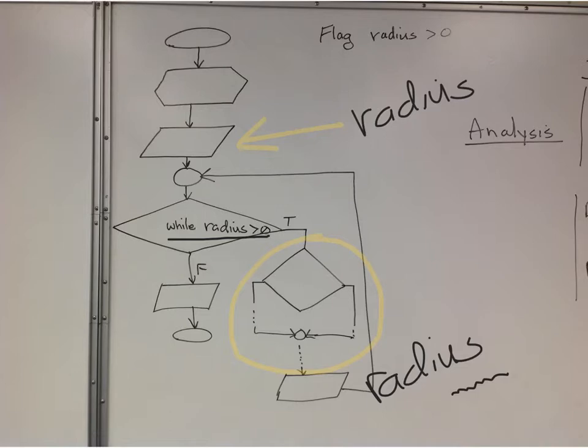As long as it's greater than 0, we do all the work, print it out, input it, come back up here, do the work, print it out, back up until it was false, until we inputted a radius that was 0, and then it went to the false route and it ended. So our flag in this situation is, as long as radius is greater than 0, we do the loop. So you'd have to figure out how you would label that in your legend.